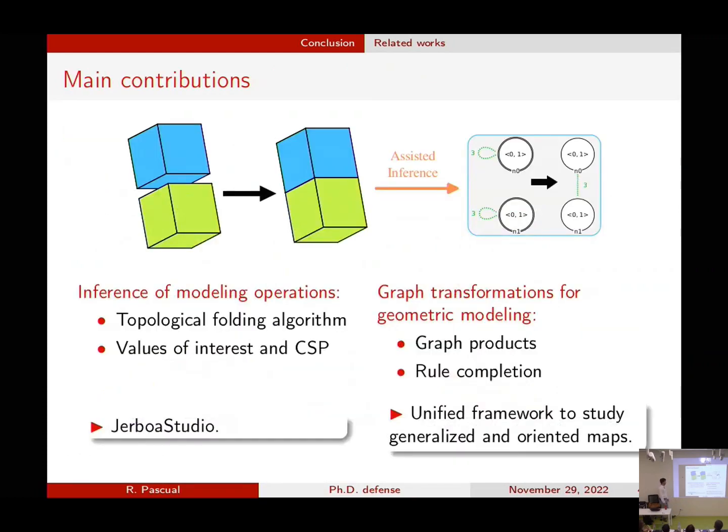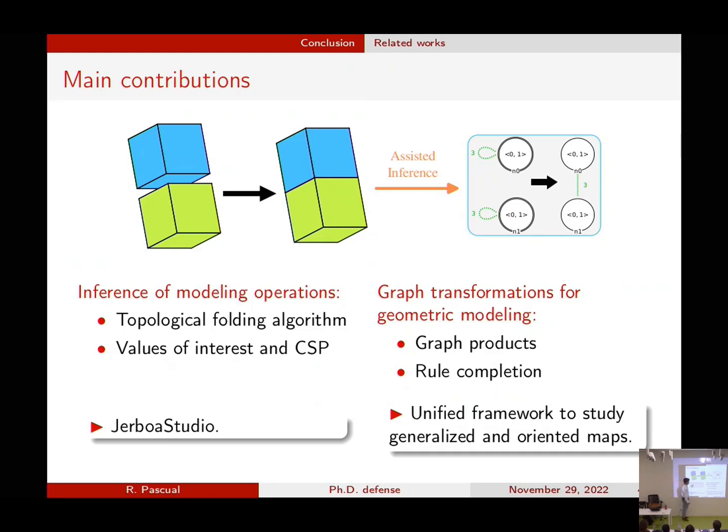To sum up, I've explained a way to retrieve modeling operations out of a visual description. On the topological side, it's a folding algorithm. On the geometric side, it's a CSP with values of interest, and everything is implemented in Jerboa Studio.